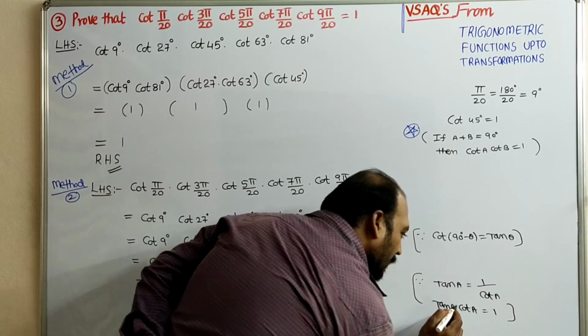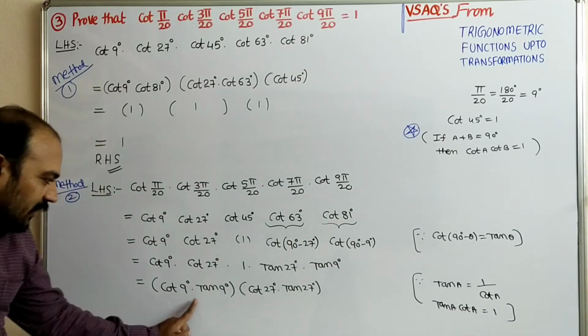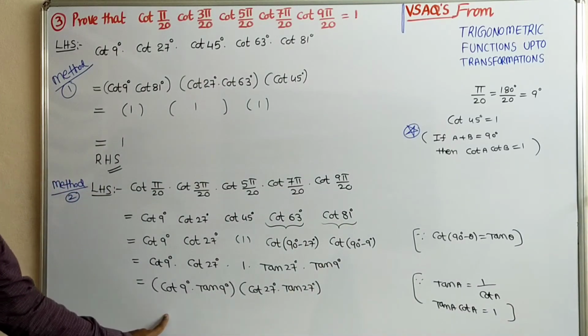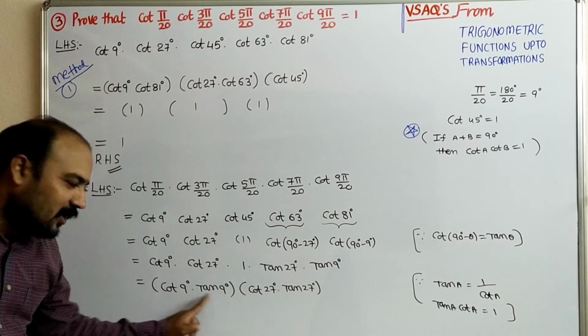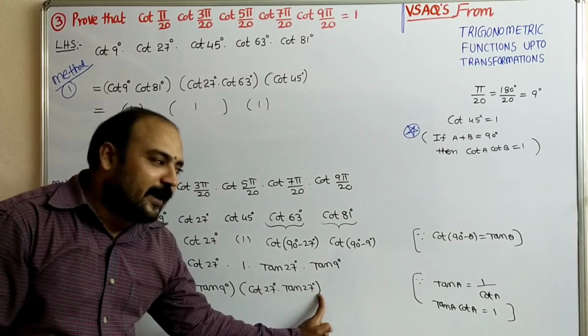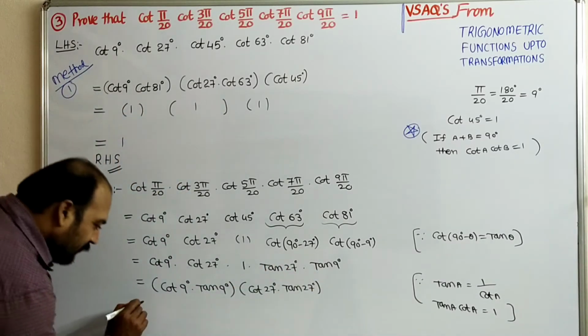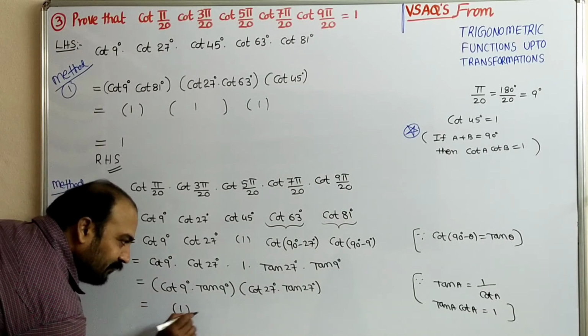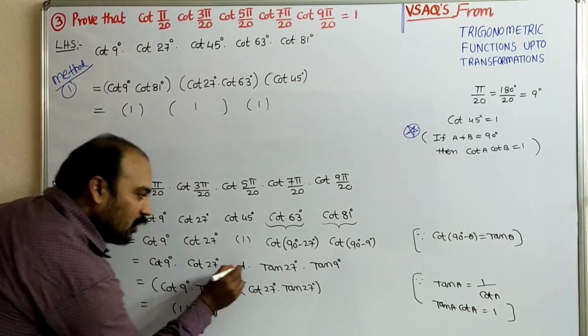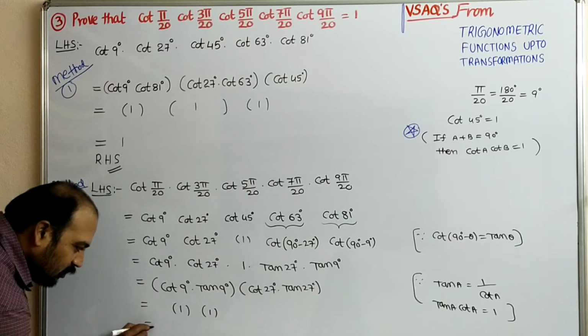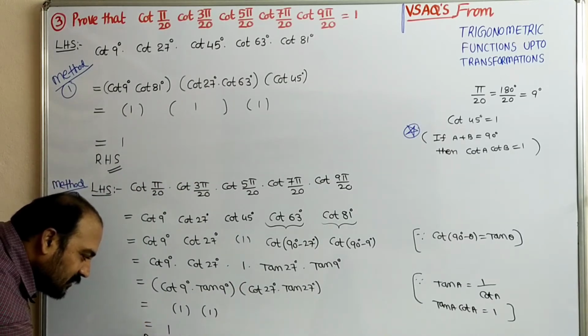By using this property, cot A into tan A is equal to 1. So here both angles are equal now. Cot 27 into tan 27 is also equal to 1. So this bracket value is 1, this bracket value is also 1, and this is already 1. So it is equal to 1, which is the required RHS.